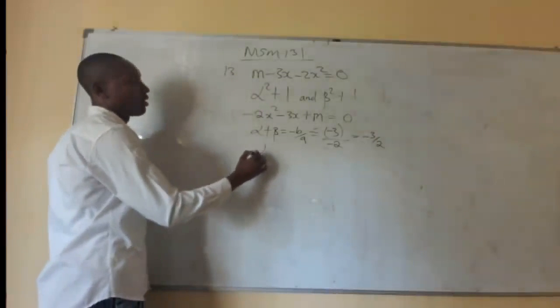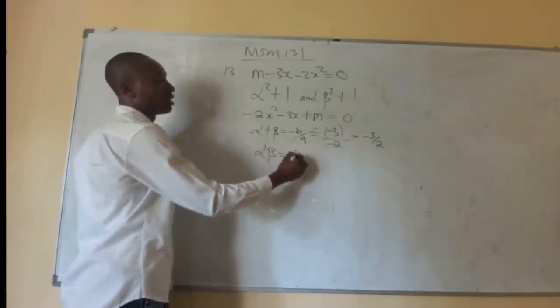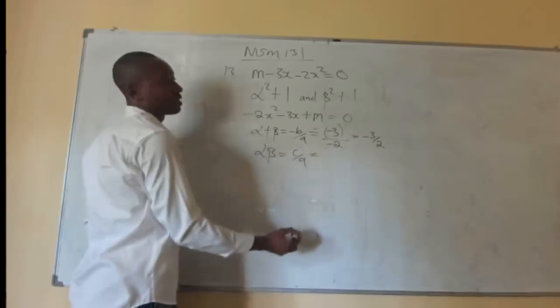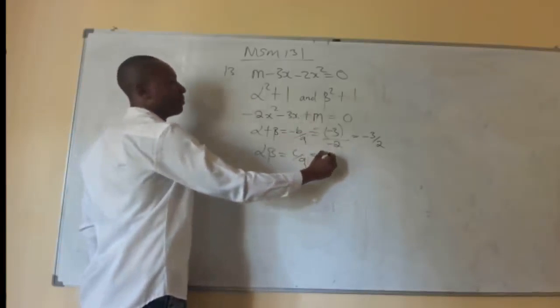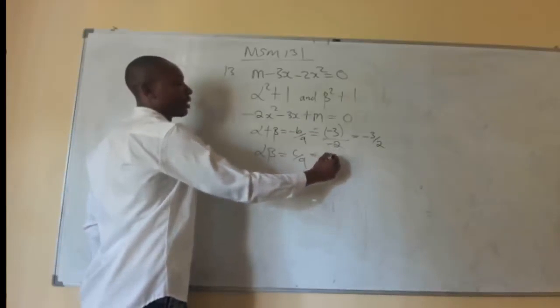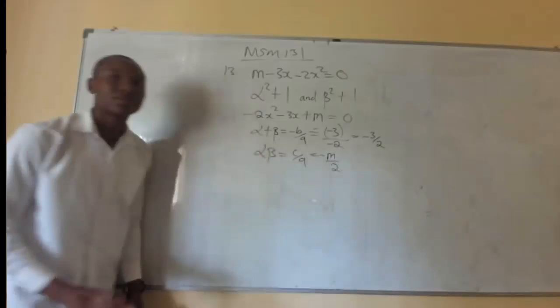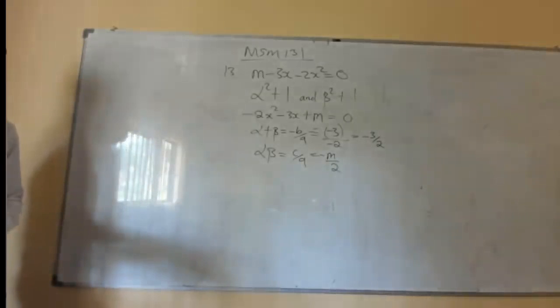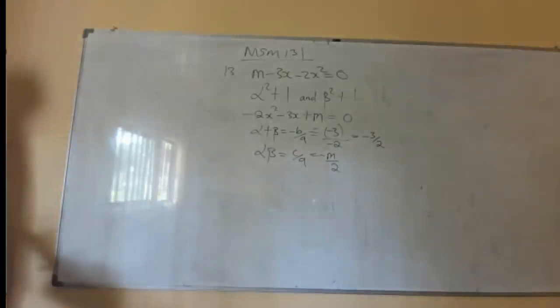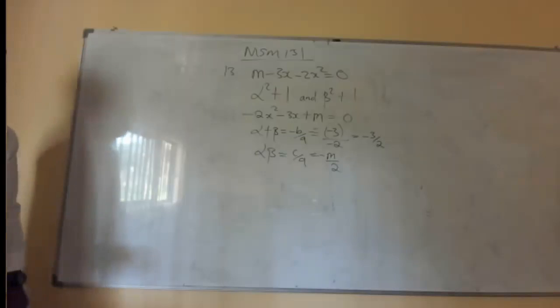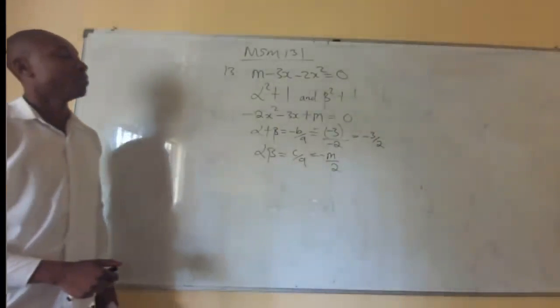Okay, then you have the product of the roots, which is c over a. What is c? C is m. What is a? A is 2. So you have that. Okay, so we're looking for the equation whose roots are those in terms of m.